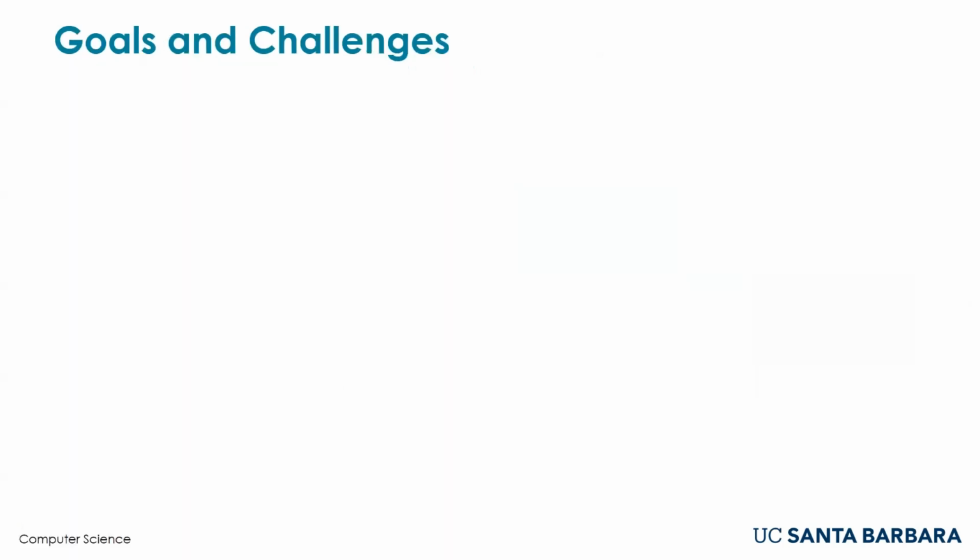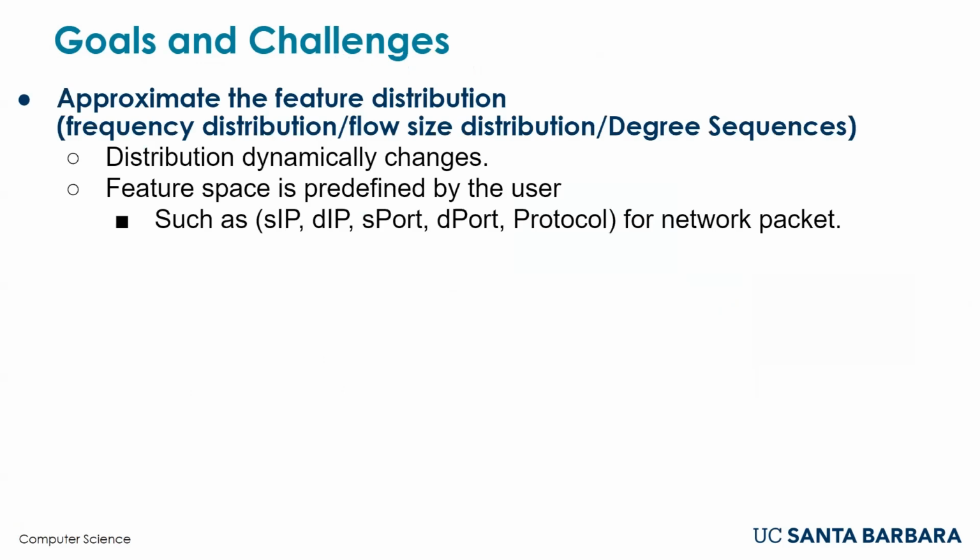In Pentacles, we aim to solve the following problems and challenges. First, we want to approximate the feature distribution accurately. Feature distribution is also known as frequency distribution, flow size distribution, or degree sequence. Note, distribution may dynamically change, and we assume the feature space is predefined by the user.